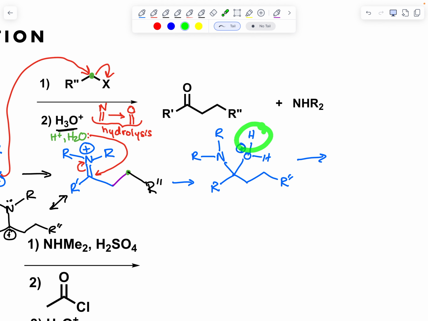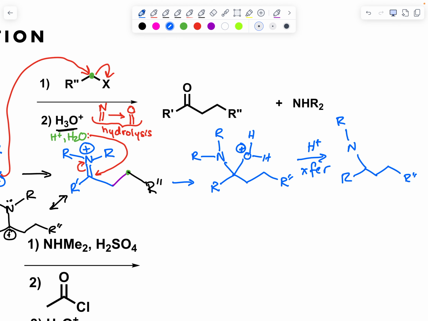So after step 1, we have a nitrogen that brought with it 2 methyl groups attached to a carbon, which was the carbonyl, and we have the double bond.